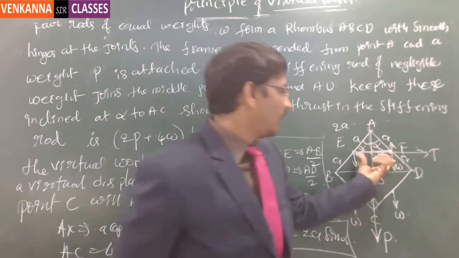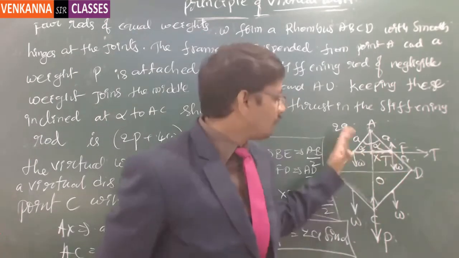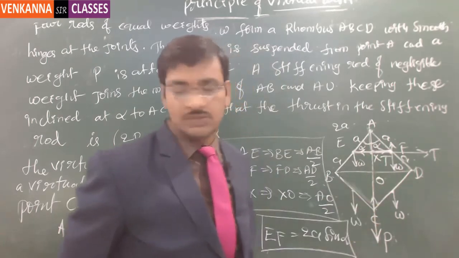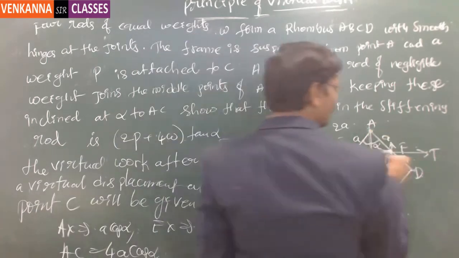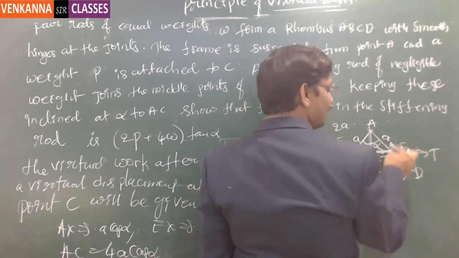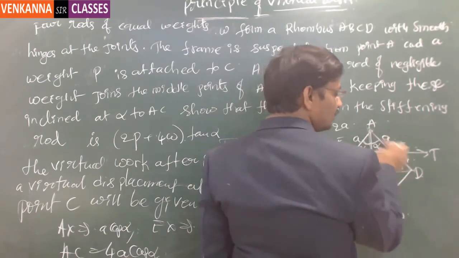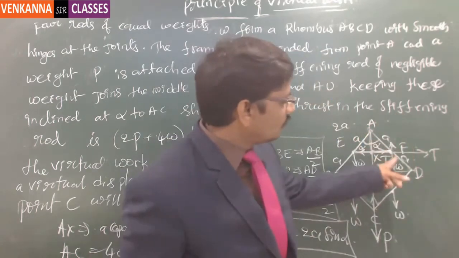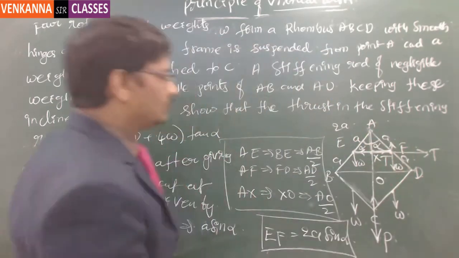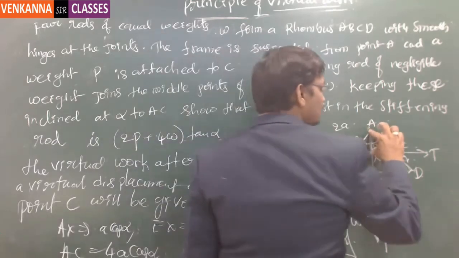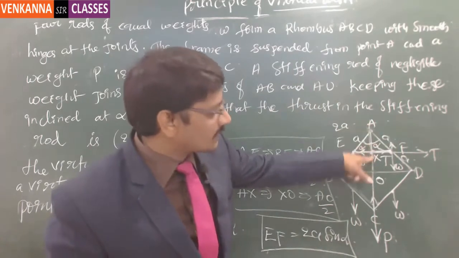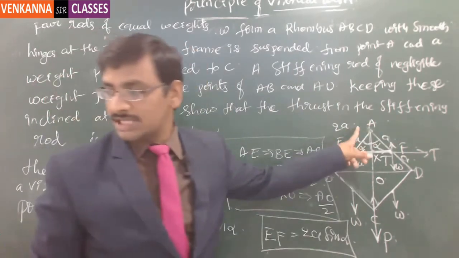For T we have calculated EF. And then for all other 4 forces of W, we have to calculate the virtual displacement. Now to calculate the virtual displacement, if there is a little displacement, there will be a change in this particular displacement to a little high, right? Now that length is going to be 2A times, so this vertical length whatever it is there is going to be changed a little high. That means it is responsible for AX. Sorry, it is responsible for AO.